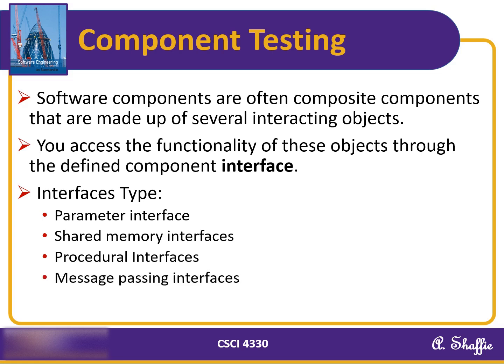And finally, message passing interfaces. Here, a component sends a message to another component to request a service. The second component responds with a message containing the result of the service. This type of interface is often used in object-oriented and client-server systems, like when a web server sends a response to a client request.